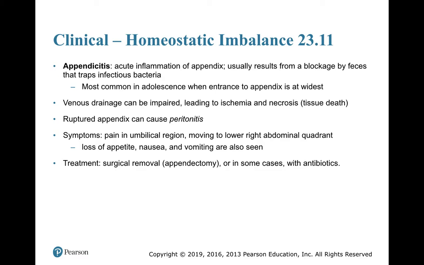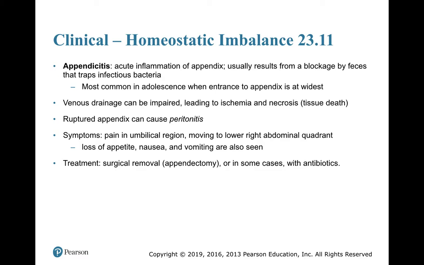Symptoms of appendicitis would include pain in the umbilical region, moving to the lower right abdominal quadrant. That would be accompanied probably with loss of appetite, nausea, and vomiting in many cases. The treatment is a surgical removal, an appendectomy, or in some cases treatment with antibiotics.